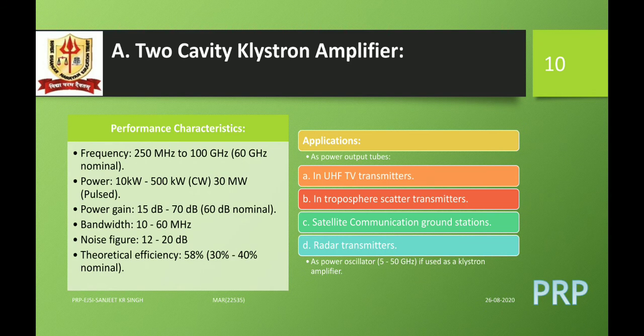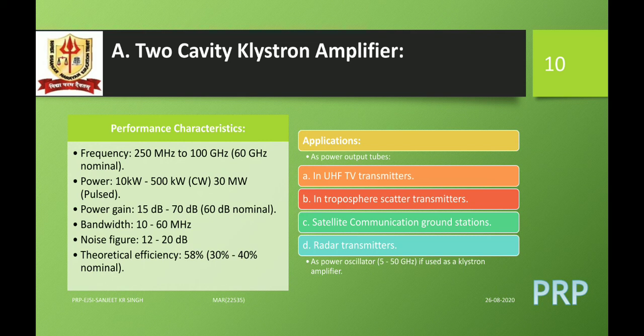So for the two cavity klystron amplifier, what are the performance characteristics we generally look at? The frequency output could be 250 megahertz to 100 gigahertz, and power could be 10 kilowatt to 500 kilowatt for continuous mode and 30 megawatt for pulsed mode. The power gain can be 15 dB to 70 dB, and bandwidth could range from 10 to 60 megahertz.